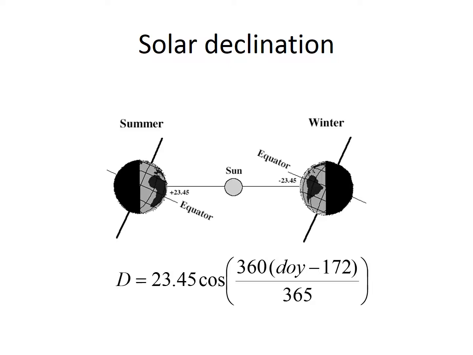The opposite occurs during winter, when the declination is minus 23.45, and we have the sun more normal to the southern hemisphere.